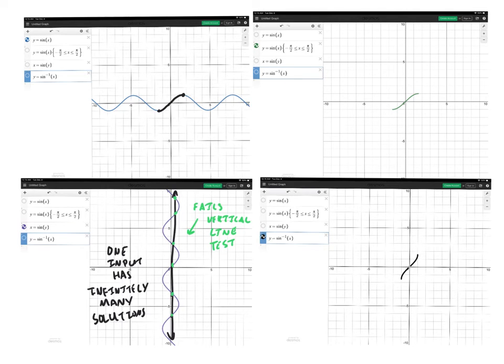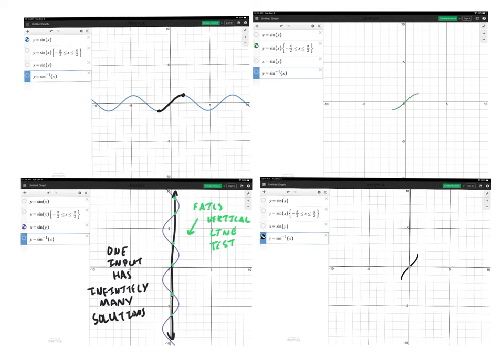So again, to recap, we took the original trig function sine of x. We noticed that it was not invertible on its whole domain, that when we flipped it over, one input would have many outputs. So we decided to cut it off. Cut it right here and cut it right here. And we're left with just this little piece of sine of x on the limited domain negative pi over 2 to pi over 2.